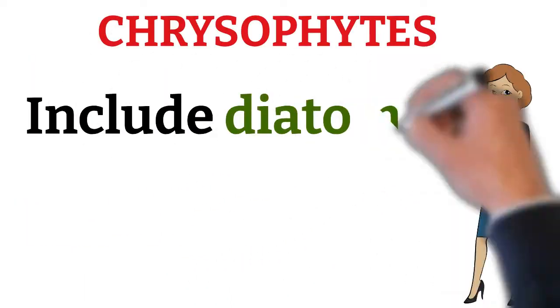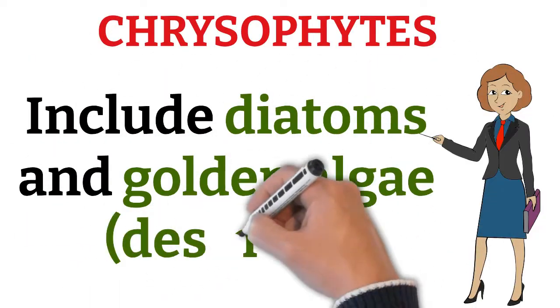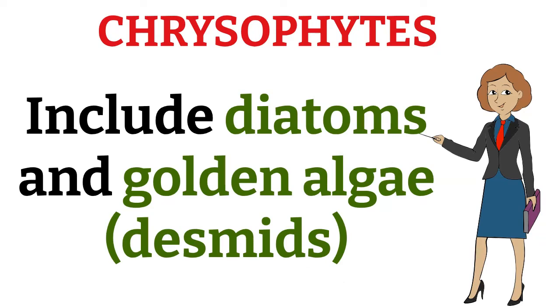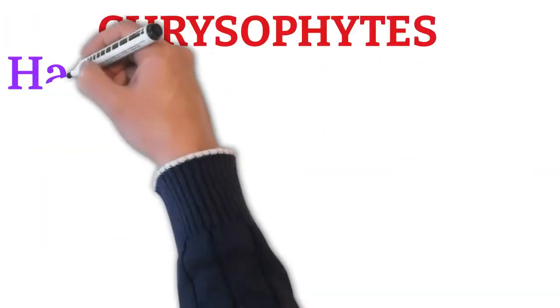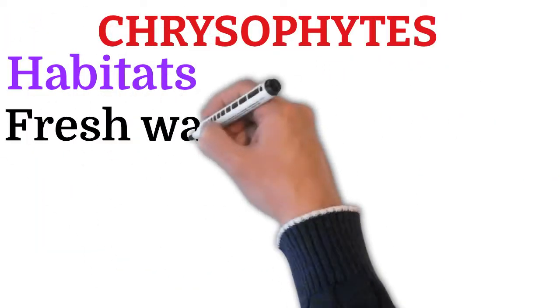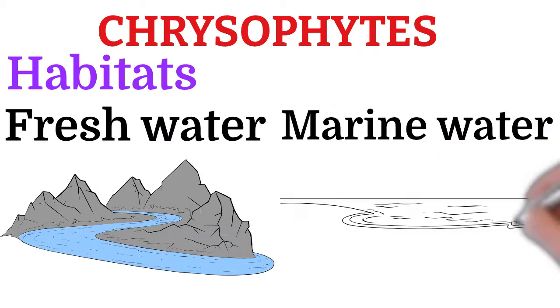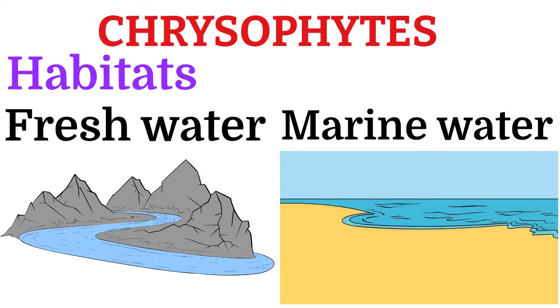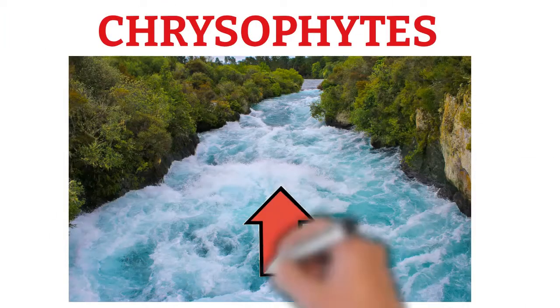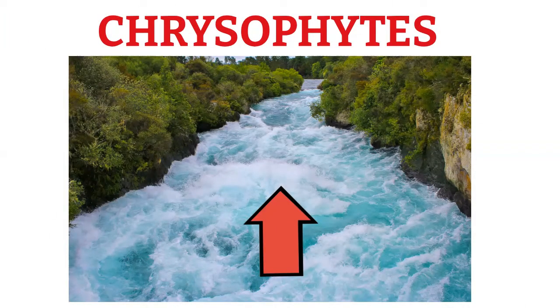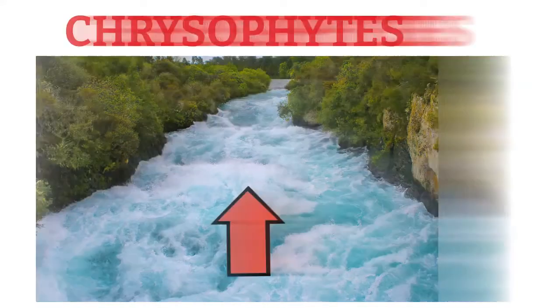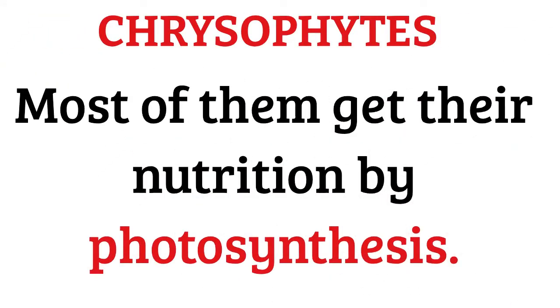Chrysophytes include diatoms and golden algae, that is, desmids. As to habitats, they live in freshwater as well as marine environments. They flow passively along the direction of water current. Most of them get their nutrition by photosynthesis.